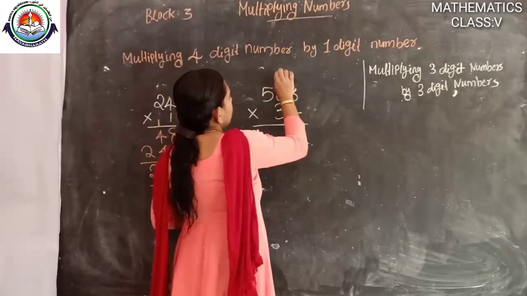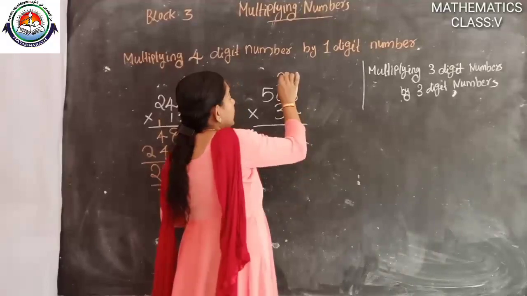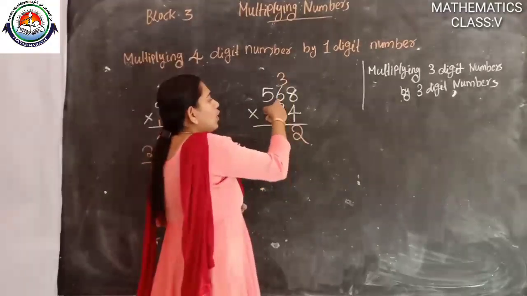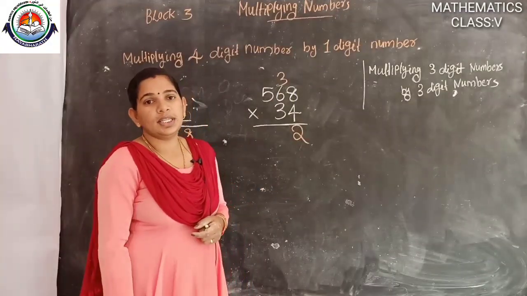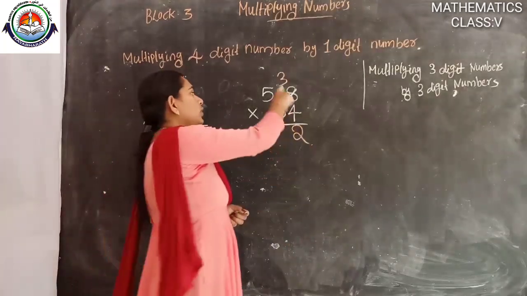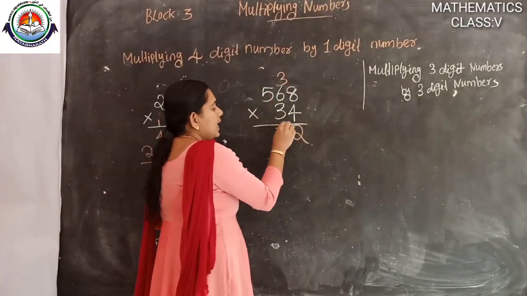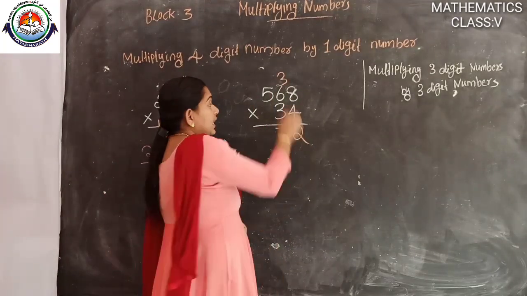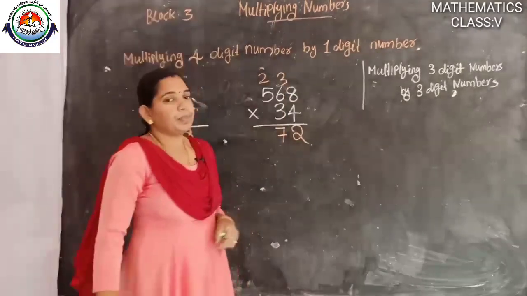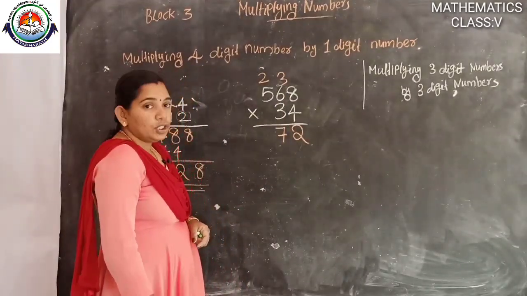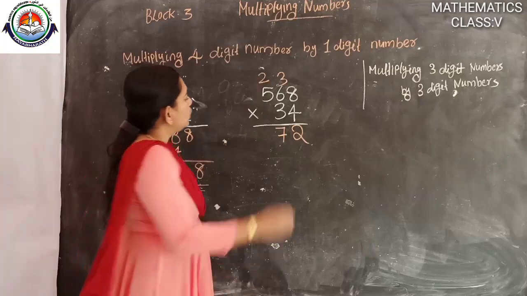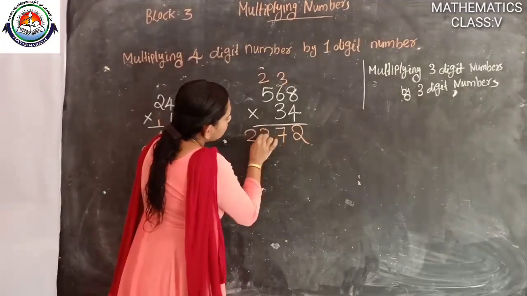We are writing 2 here and 3 as a carry. Then 4 into 6, 24. 24 plus 3, 27. 7 we are writing here, 2 as a carry. 5 into 4, 20, 20 plus 2, 22.